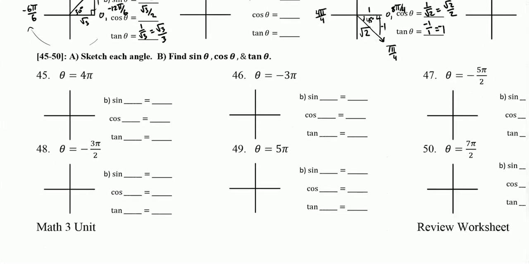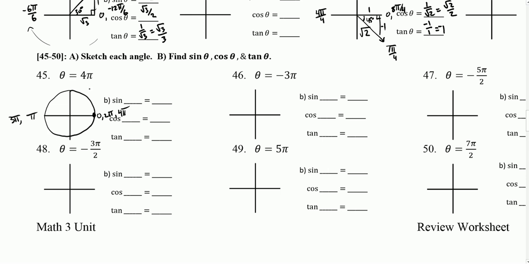Numbers 45 to 50, we're to sketch each angle and find the sine, cosine, and tangent of that angle. 4 pi, well, here's 0, pi, 2 pi, 3 pi, 4 pi. So if we look at the unit circle, 4 pi is 1 unit to the right of 0, 0.